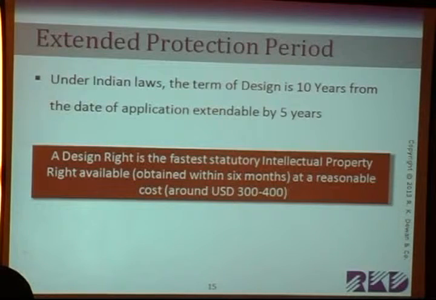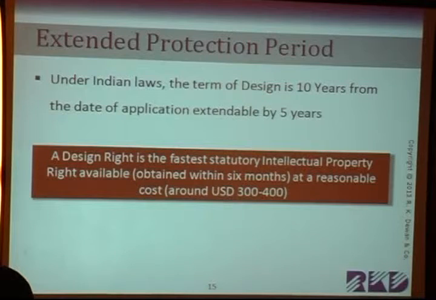Now, as opposed to that, for example, a patent right is anything up to 4 years. And it would cost anything up to $3,000 to $4,000 is the total cost of obtaining a patent right in India until final grant.